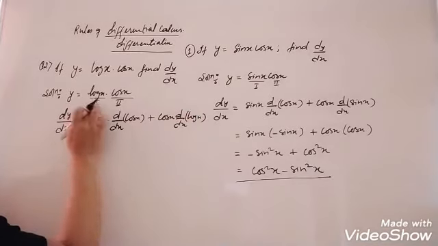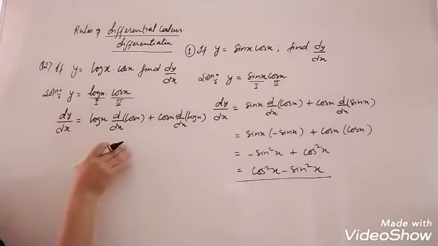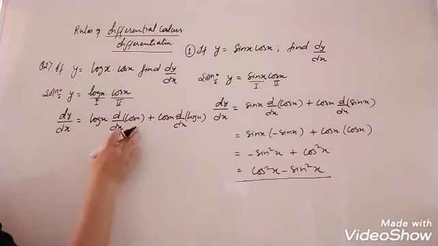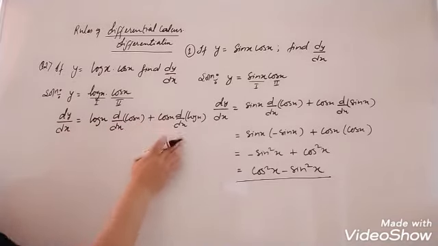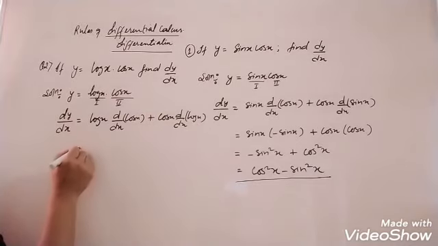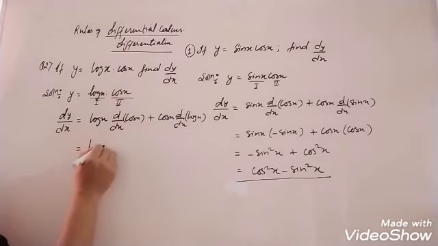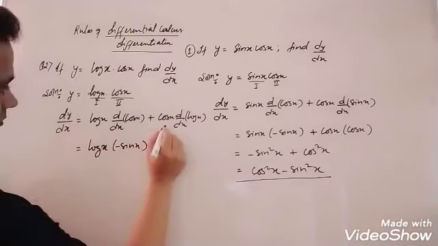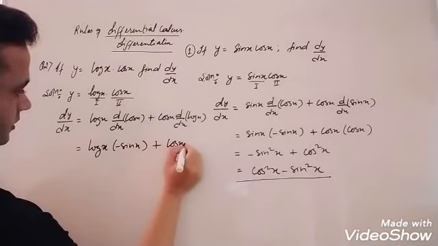Now the differentiation process is first function, differentiation of second function, plus second function, differentiation of first function. So log x is log x. What is the differentiation of cos x? It is minus sin x, plus cos x is cos x. What is the differentiation of log x?